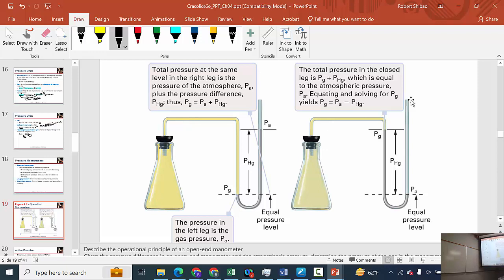So all we do is we get a ruler and measure how many millimeters of mercury that is and state it. And so here, we get two equations for this.